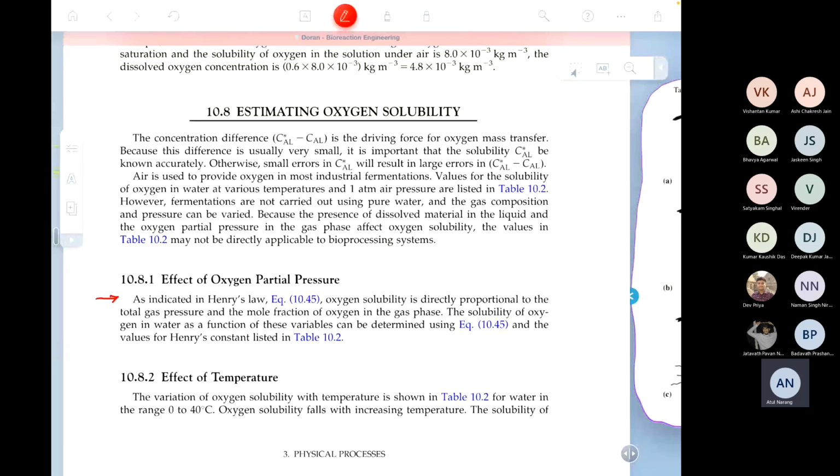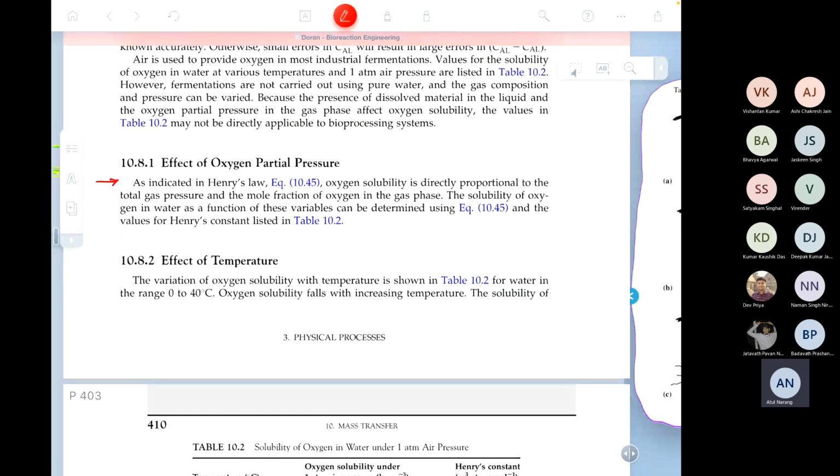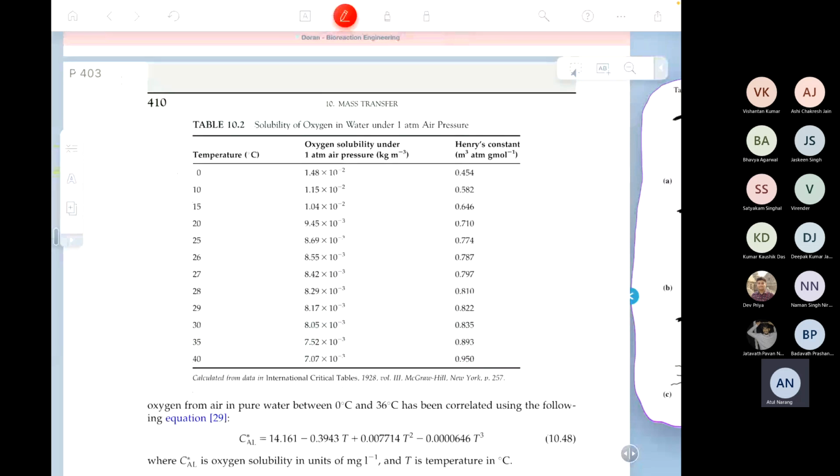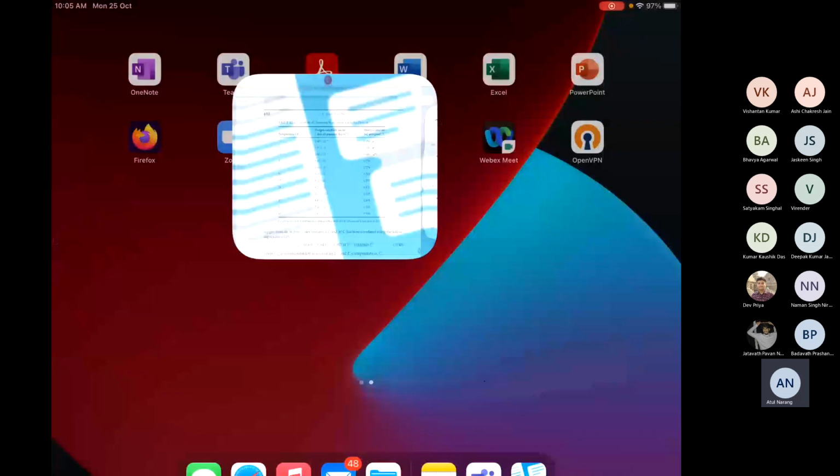Then the effect of temperature is indicated in table 10.2. You can see that as the temperature changes, they are indicating higher and higher values of the Henry's law constant, which is exactly what I told you in my notes.